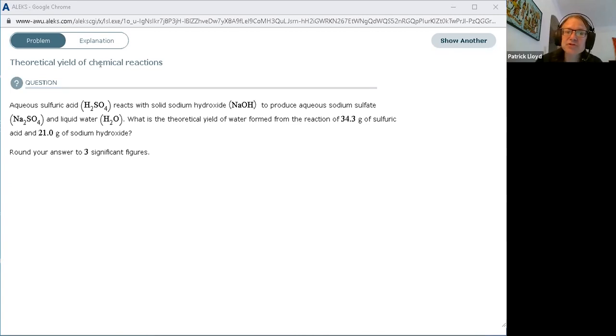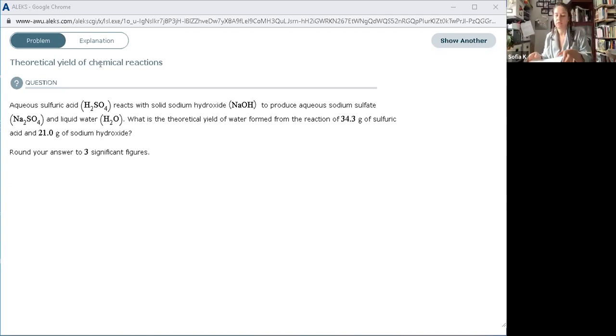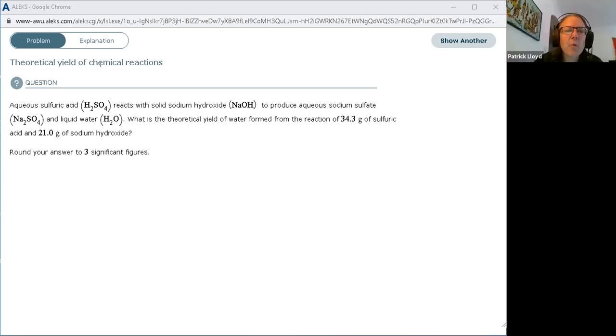And it's going to produce aqueous sodium sulfate, Na2SO4, and then the other product is H2O. So 2 reactants, 2 products. What is the theoretical yield of water? How much water are we going to form if we're reacting 34.3 grams of sulfuric acid and 21.0 grams of sodium hydroxide?